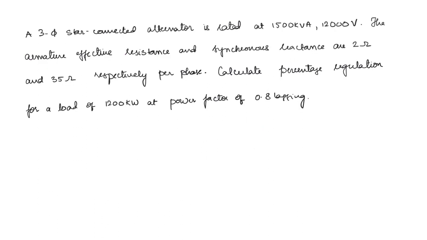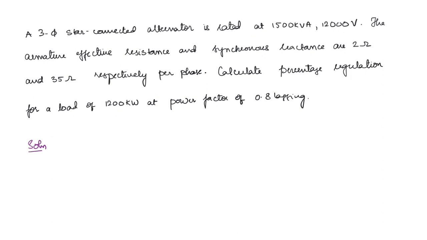So we will make use of a problem to understand this method. A three-phase star connected alternator is rated at 1500 kVA, 12,000 volt. The armature effective resistance and synchronous reactance are 2 ohms and 35 ohms respectively per phase. Calculate percentage regulation for a load of 1200 kilowatts at power factor of 0.8 lagging. So we will first write down all the information that is available to us.